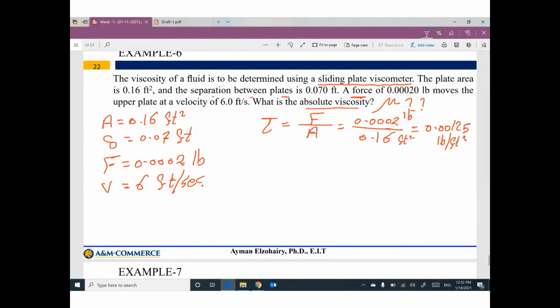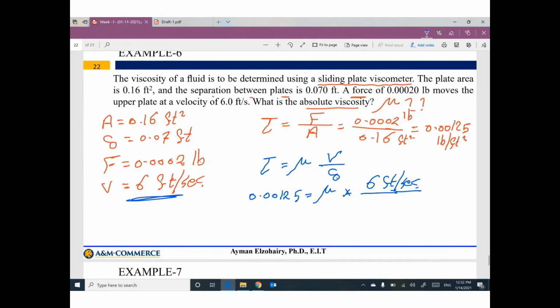Then tau equals mu times V divided by delta. Shear stress equals 0.00125 equals mu. I'm looking for mu. What is the velocity? 6 feet per second. What is the separation, the distance between the two plates? 0.07 feet.